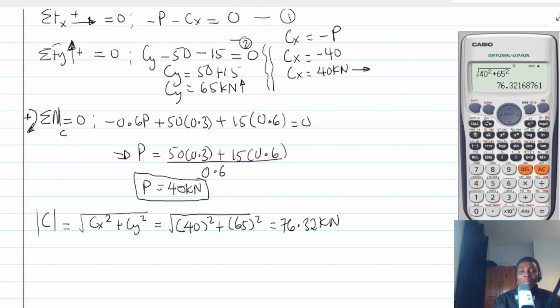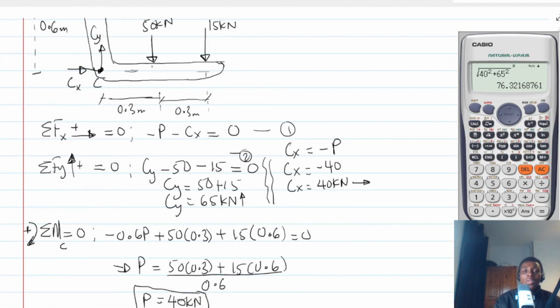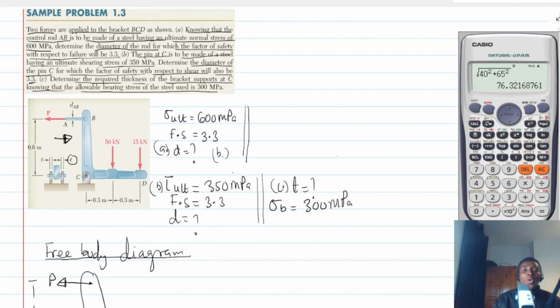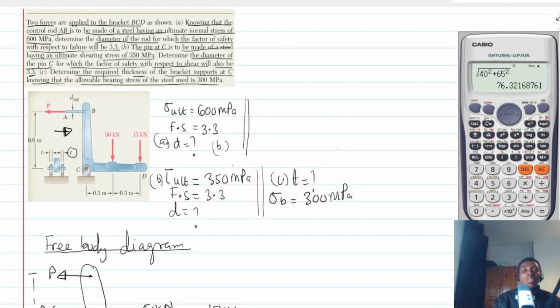Now let's come back to the question. The question said at the A we should find what? Let's go back. He said that if the ultimate normal stress is 600 megapascal, that is for steel, for a safety factor of 3.3, we should find the diameter.